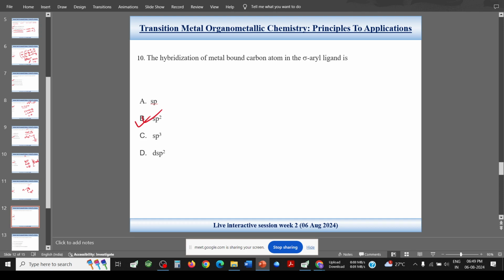A very common example is a metal bound to benzene. What is it called? Any particular example? Phenyl, or what is it called? Grignard.